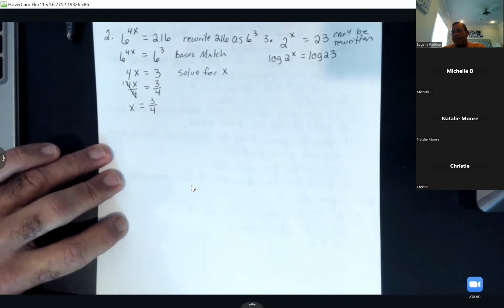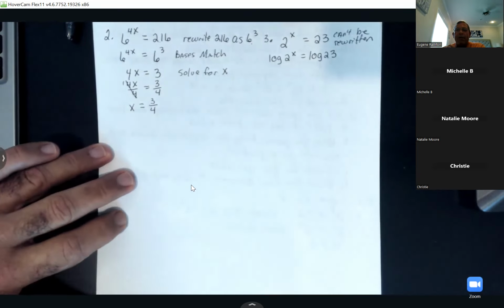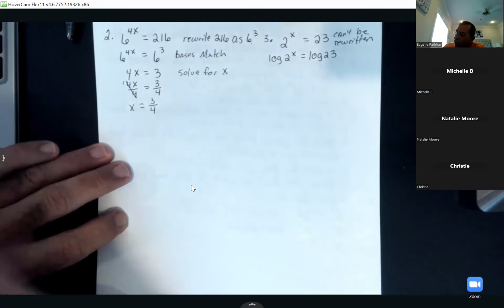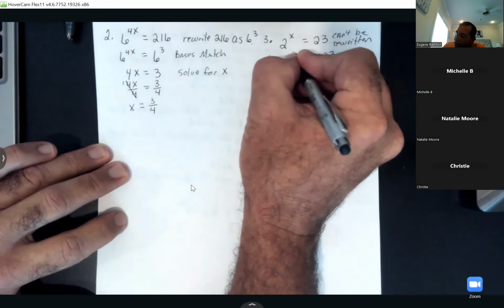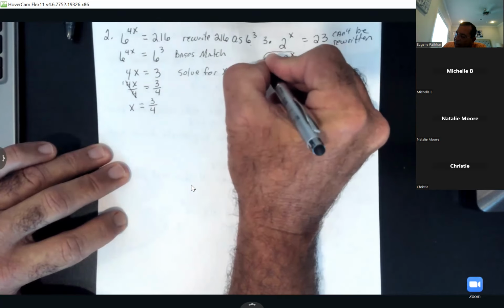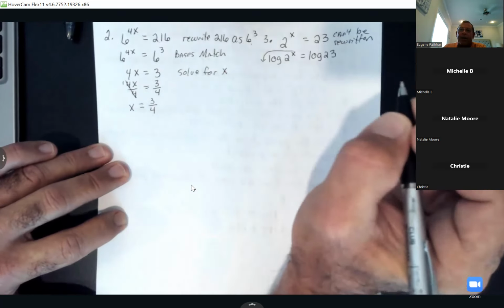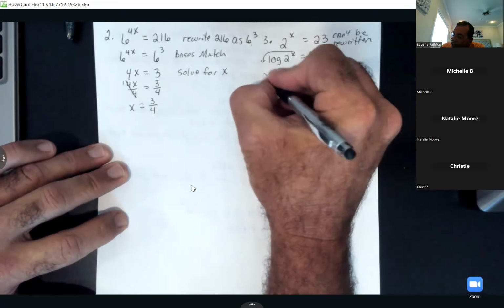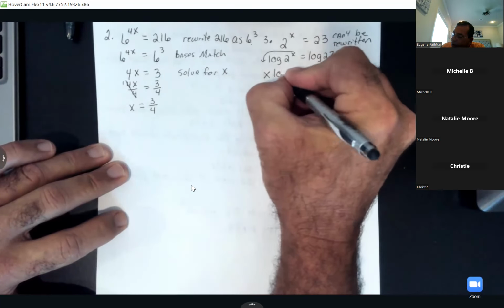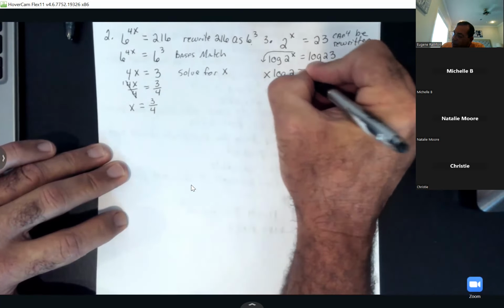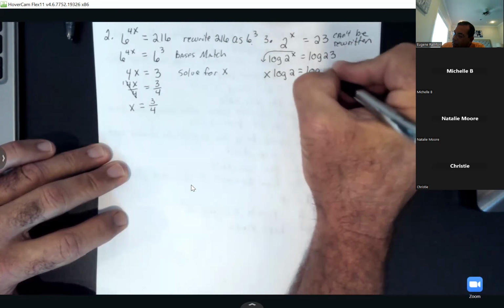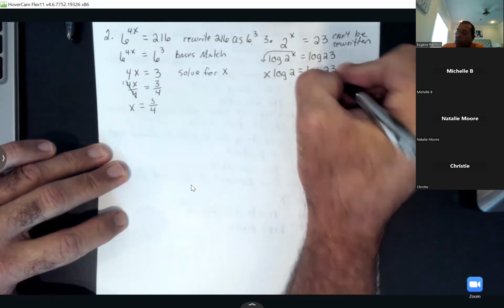All right, y'all, we're going to invoke the power rule. This x exponent, we're going to bring that down to the front and write this as x log 2 equals log of 23.